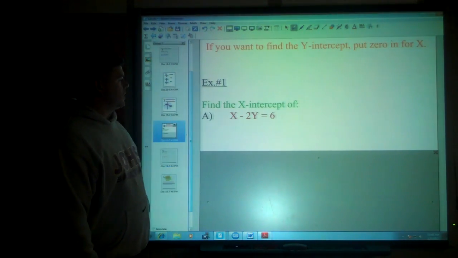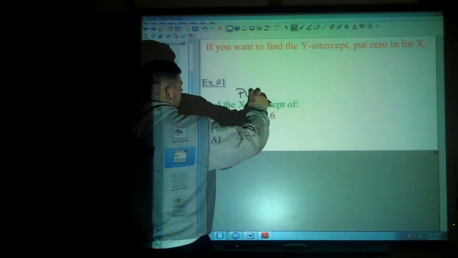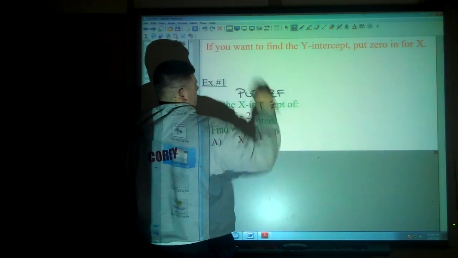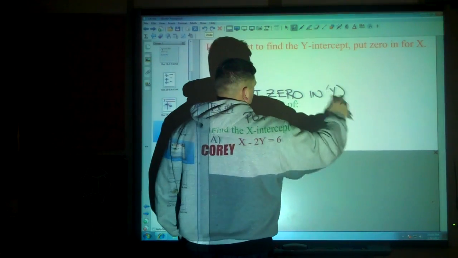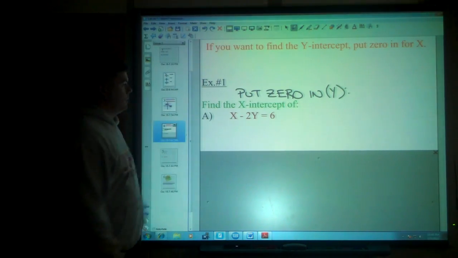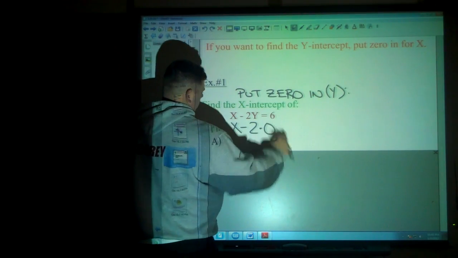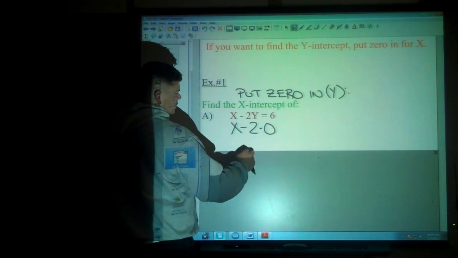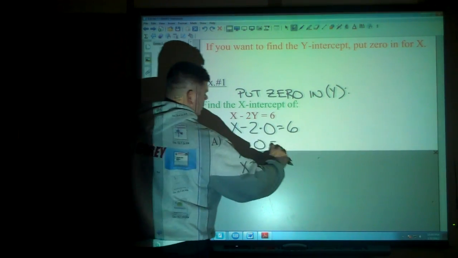Find the x-intercept of this. We know when we want to find the x-intercept, we put 0 in for y. That's the main concept. Alright, put 0 in for y. x minus 2 times 0. Alright? x minus 0, and this all equals 6.